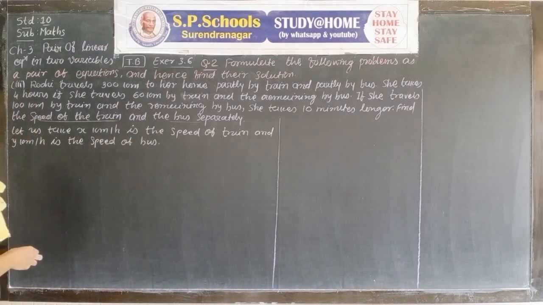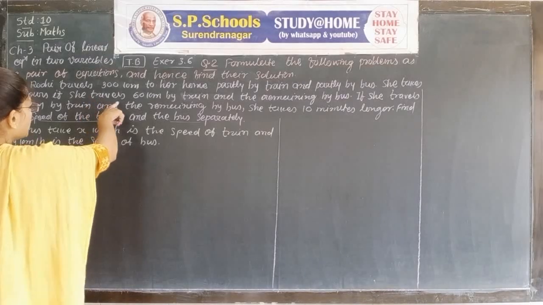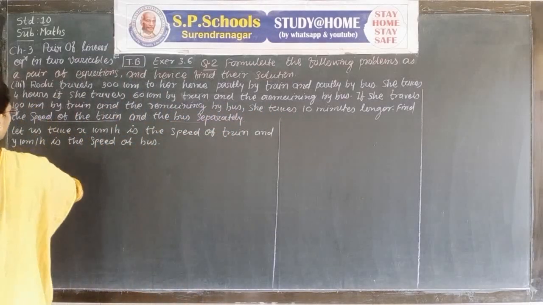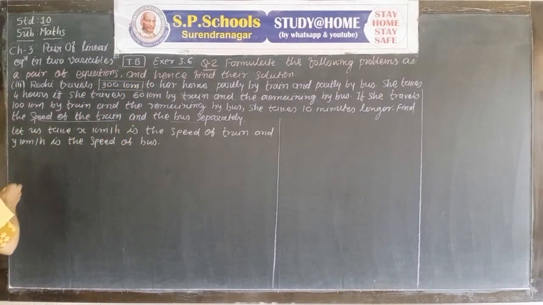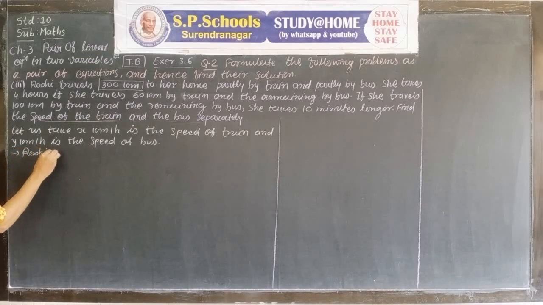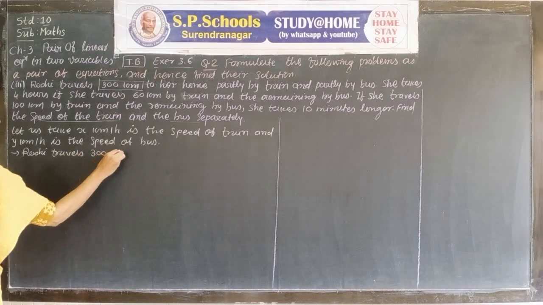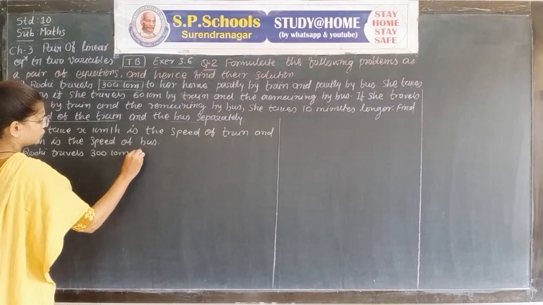Here the first sentence says that she travels 60 km by train and the remaining by bus in 4 hours. To find the remaining, the total distance she travels is 300 km. Ruhi travels 300 km in total.